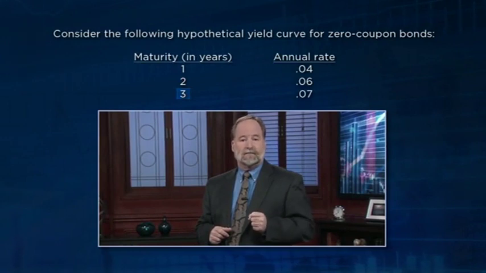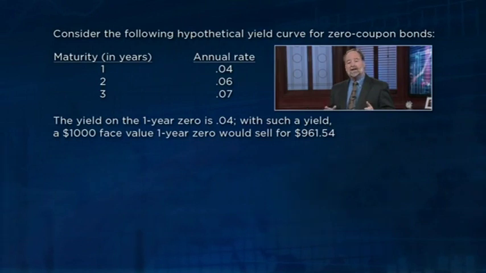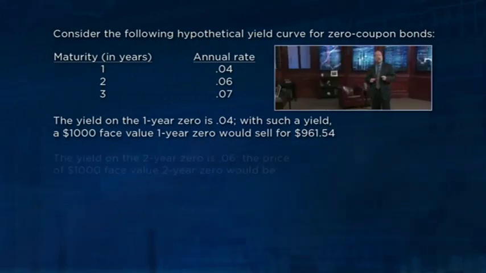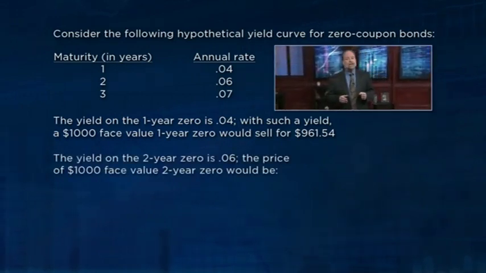To keep that simple, let's consider a hypothetical yield curve for zero coupon bonds that mature in 1, 2, and 3 years. Let's say that the yield on the 1-year zero is 4% or 0.04. With such a yield, for $1,000 in face value, a 1-year zero would sell for $961.54. Let's say the yield on the 2-year zero is 6% or 0.06.